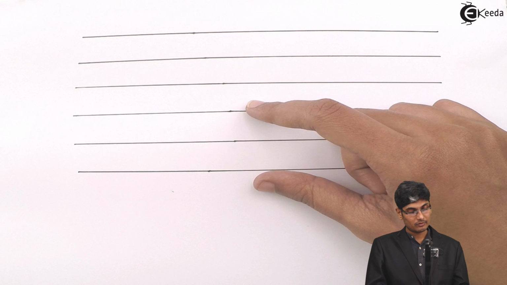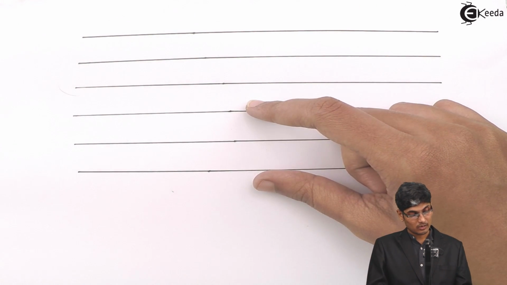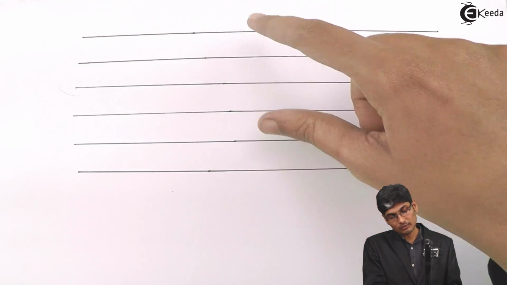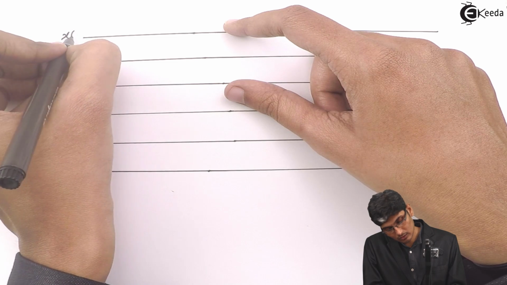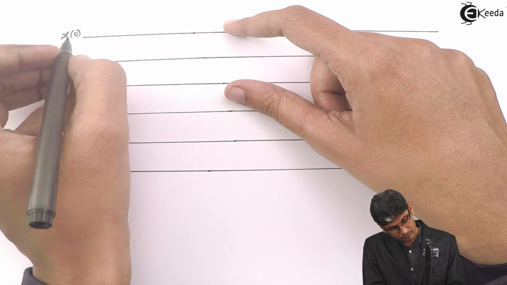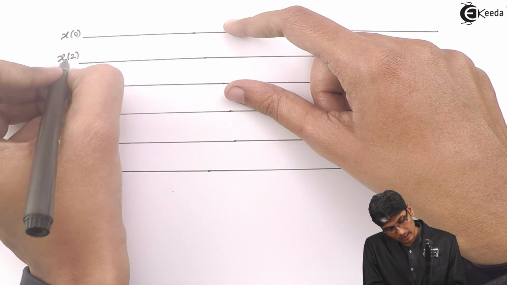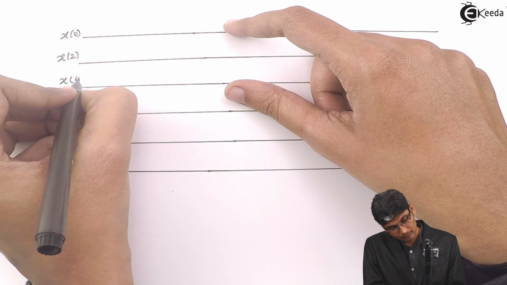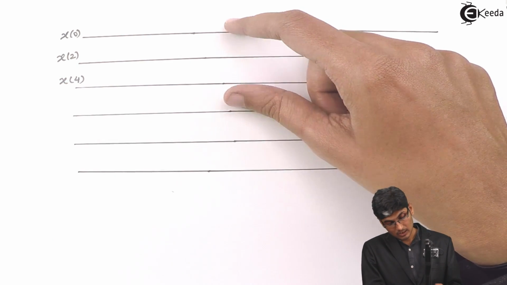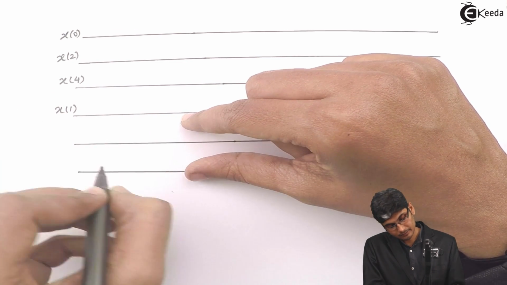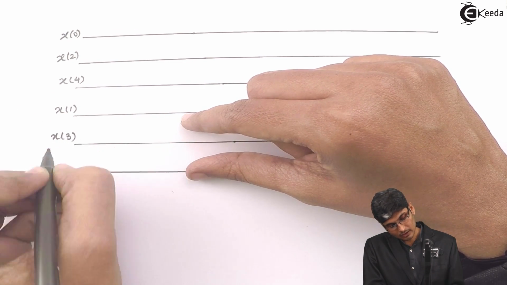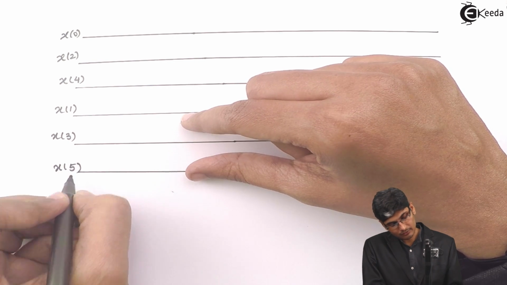So we started with the first stage. Let us write the equations for the first stage. In the first stage, we were having x of 0, x of 2 and x of 4 together. In the second stage, we were having x of 1, x of 3 and x of 5 together.